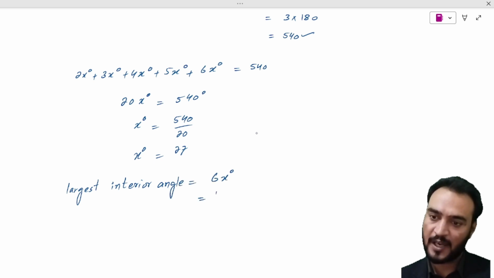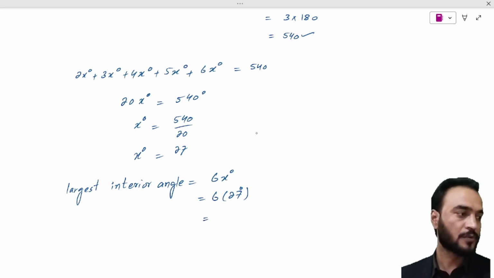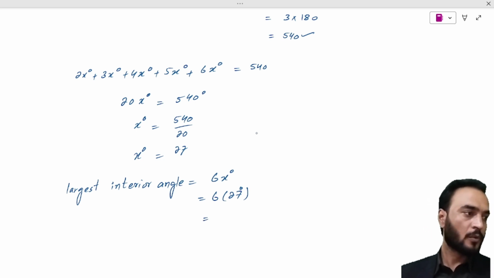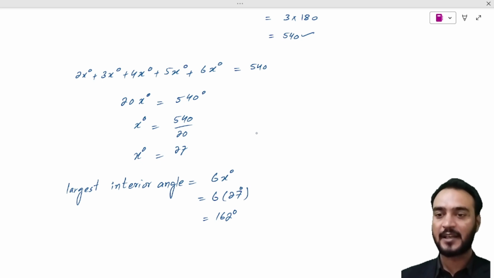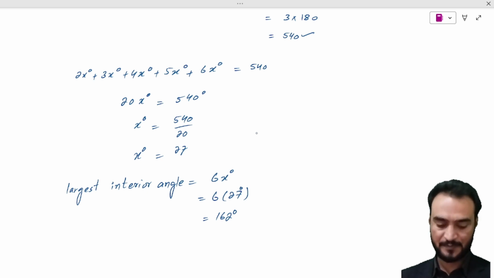Putting the value of x, 6 times 27 degrees, we get the largest angle, which is equal to 162 degrees. This becomes the largest interior angle in the pentagon in question number 7. Now this was question number 7, and now we will solve question number 8.